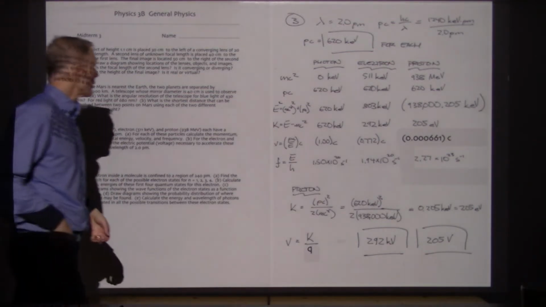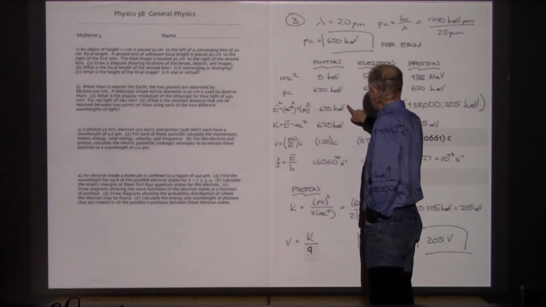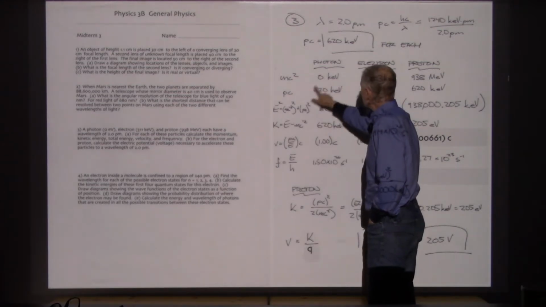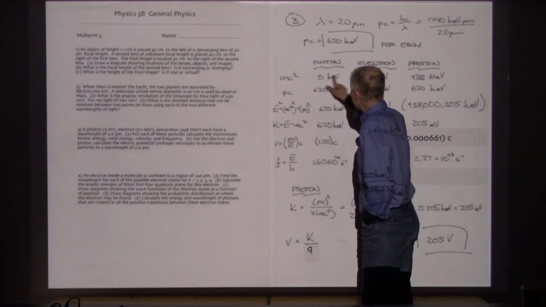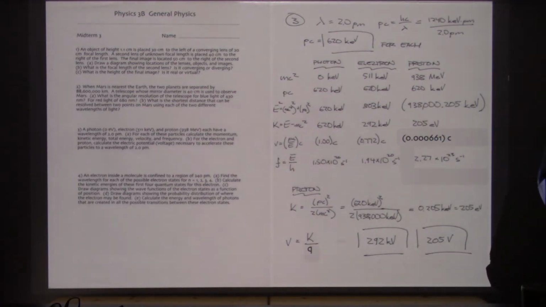And what we find with this is that the total energy, which is 620 keV, the photons don't have any mass, so this works out to be 620. So notice for the photon, photon has no mass, and that means that its momentum, its total energy, and its kinetic energy will all be the same value.